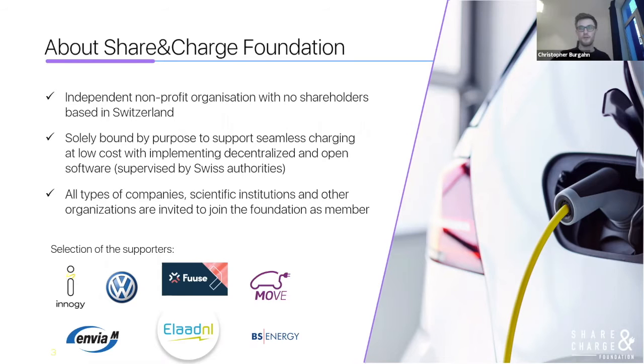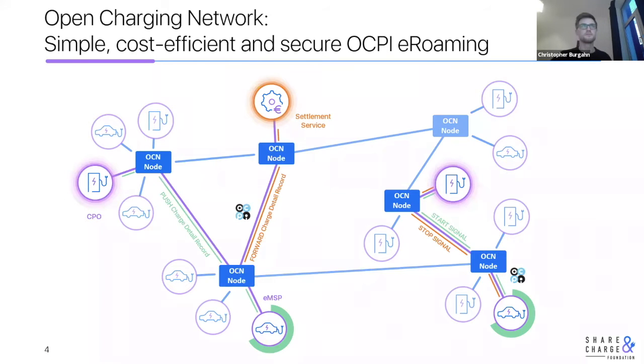We've built the open charging network, which is basically enabling OCPI roaming in a simple, cost-efficient and secure way. And those developer calls that we are now having every month are essentially tackling issues around this technology. And obviously there's also a Q&A and proposals that we usually discuss throughout these calls.